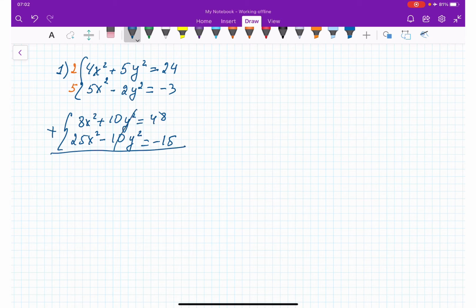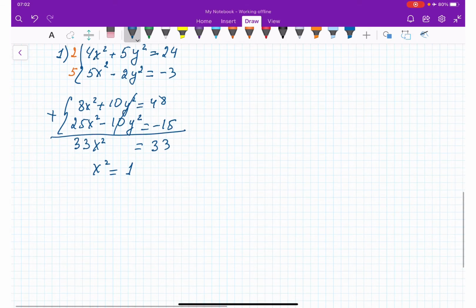The y terms are gone, and I will have 33x squared equal to 48 minus 15, which is going to be 33, and x squared is equal to 1, right? So when x squared equals 1, that means x is equal to plus or minus 1.